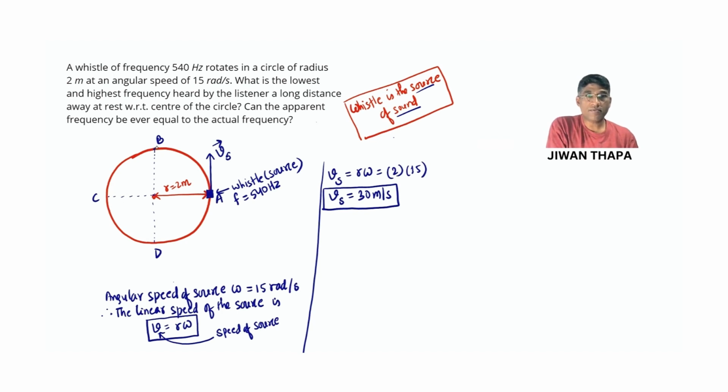This gives the direction of velocity of the source. At point B, the direction of velocity of the source is along this tangent.